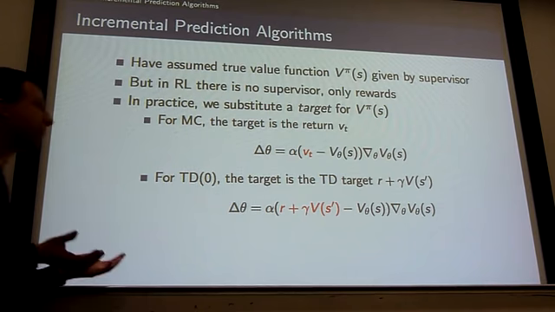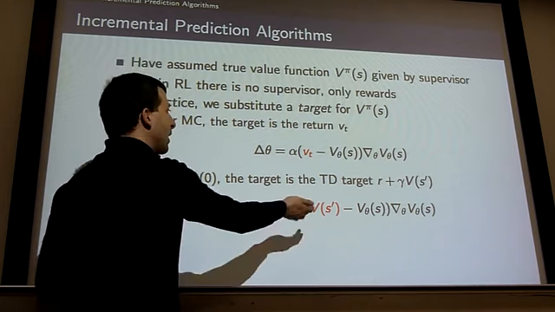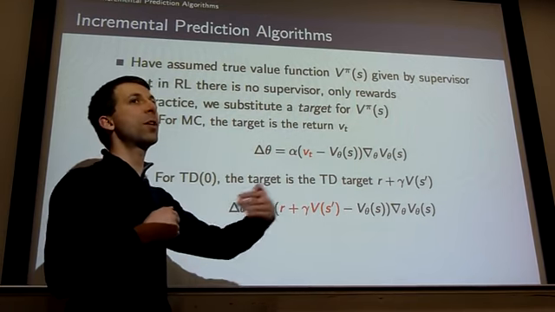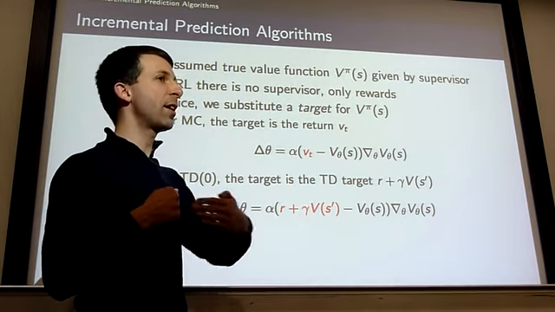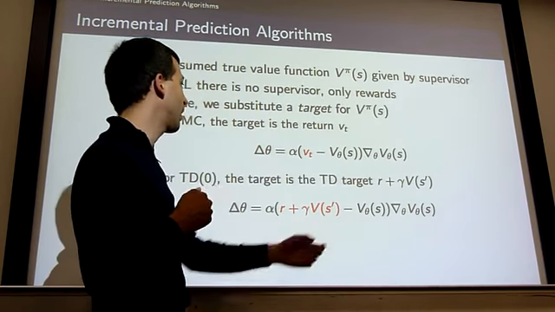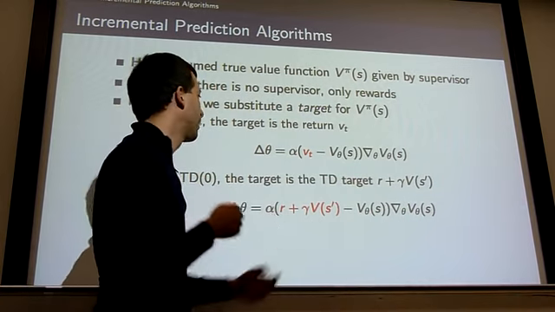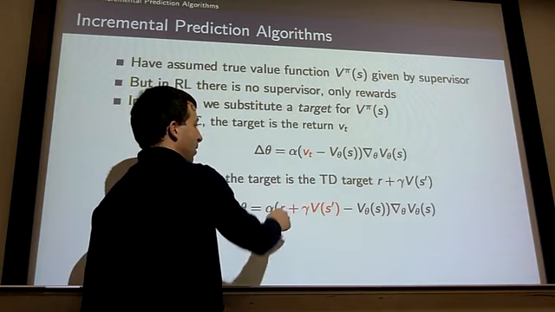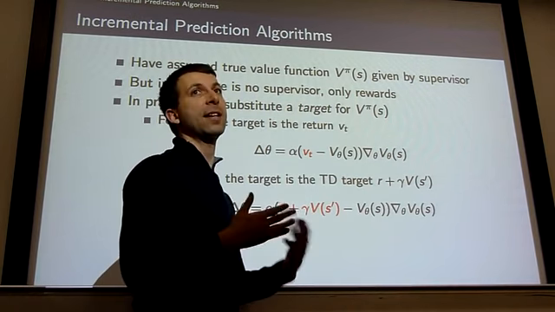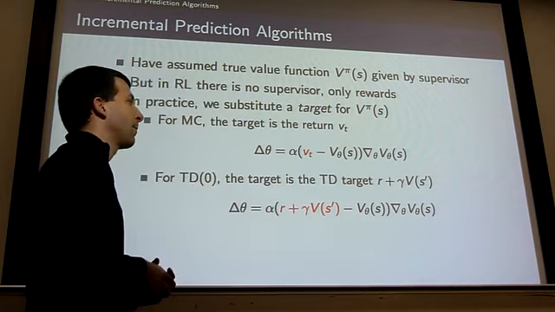And for TD0, if we were actually doing TD, the target, instead of being the whole return, we would just look one step ahead. So instead of looking at the returns cumulatively all the way towards the end of the episode, we do this one-step bootstrapping. The target will be the TD target, the reward plus the value function of the next step, discounted by gamma.